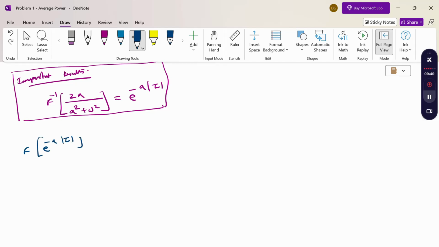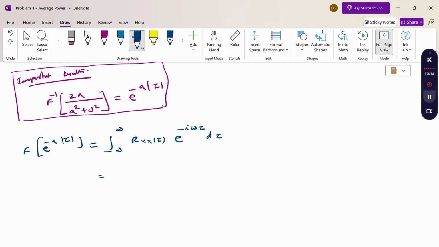Fourier transform means, when the autocorrelation is given, find the power spectral density function. The formula is the integral from minus infinity to plus infinity of r xx of tau, e power minus i omega tau d tau.